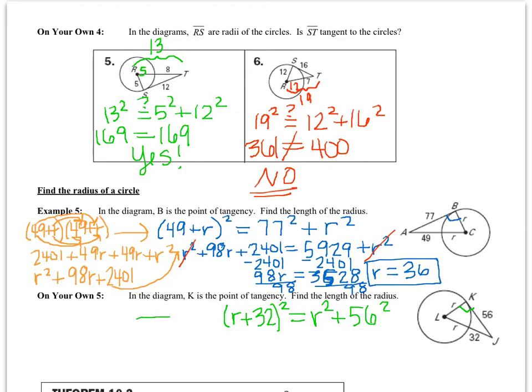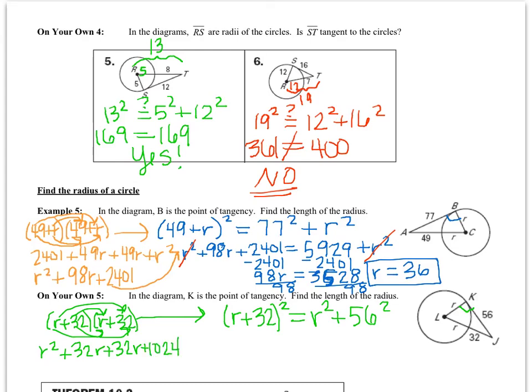So if I go through and use FOIL on this, I have r plus 32 times r plus 32. So my first, that's r squared, plus outside would be 32r, inside would be 32r, and then last, 32 times 32 is 1024. So really, I've got r squared plus 64r plus 1024 equals r squared plus 56 squared, which is 3,136.